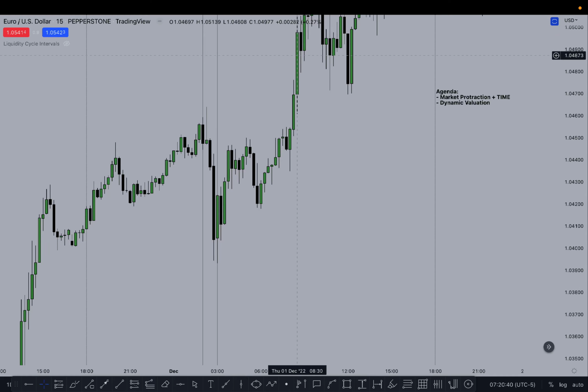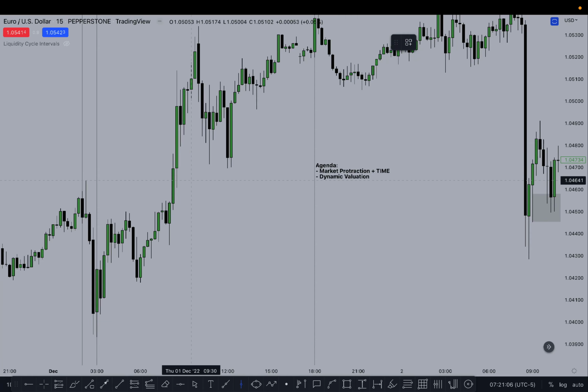So it only works if it goes into a POI. If it doesn't go into a POI, just calm down. Don't do anything, just wait until you see a clear shift, a clear break, then you ride the momentum up or the momentum down. So in this case we protracted down, went into maybe a 4-hour POI, 1-hour POI, and then we started going higher.